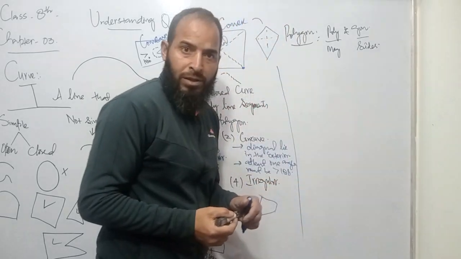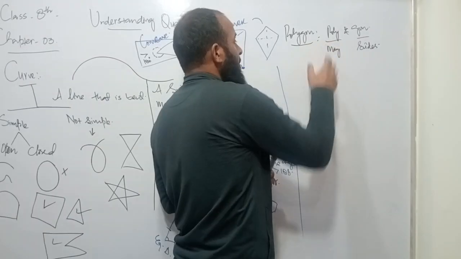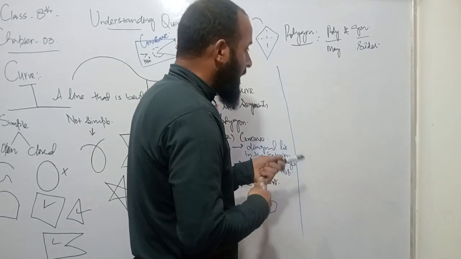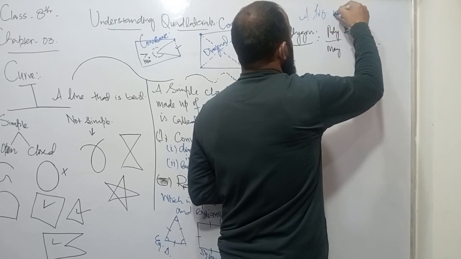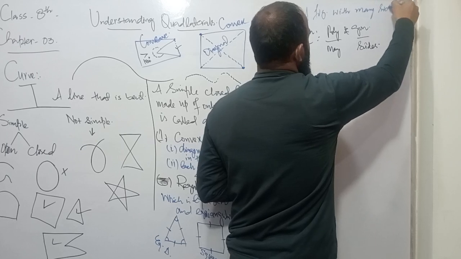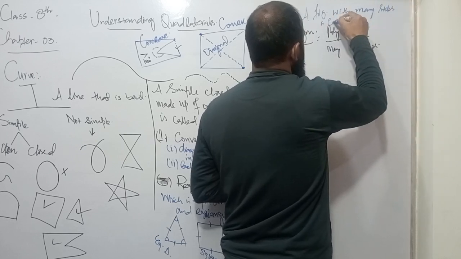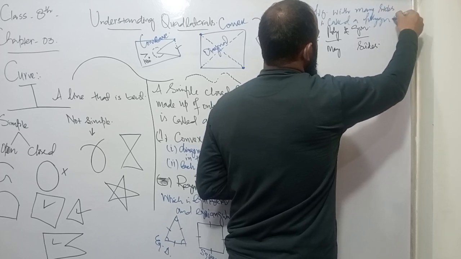So a figure with many sides is called a polygon.